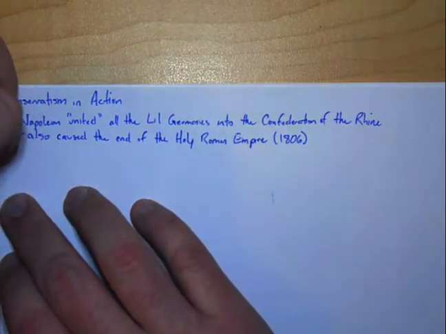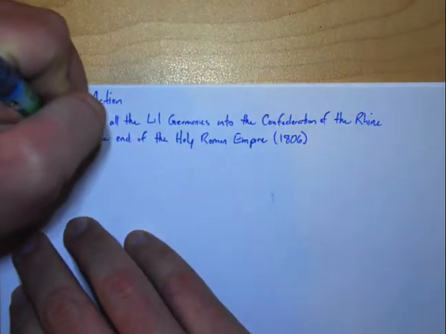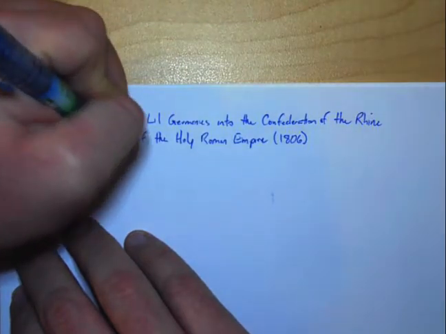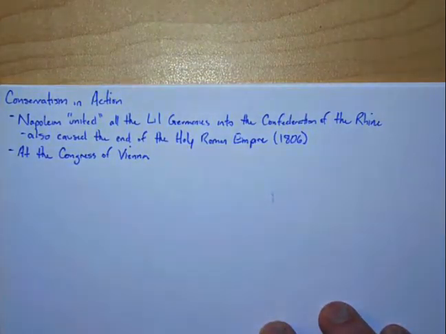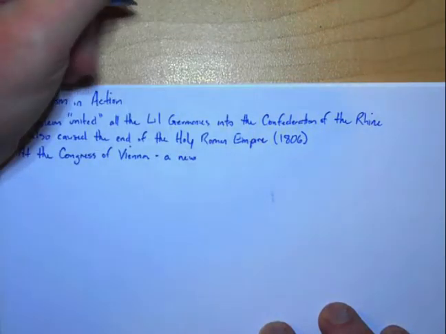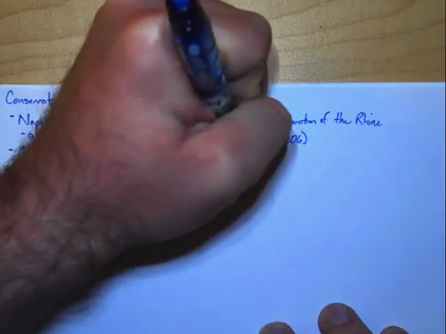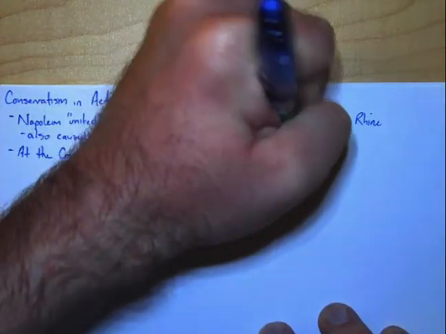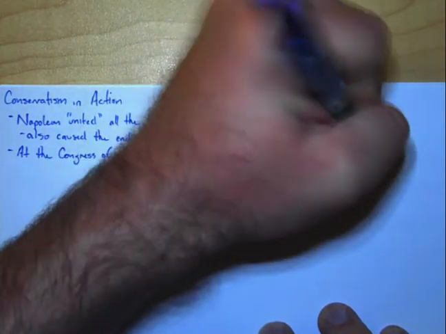So at the Congress of Vienna, a new loose union of all the little Germanys was created. A new kind of union of the little Germanys was formed.